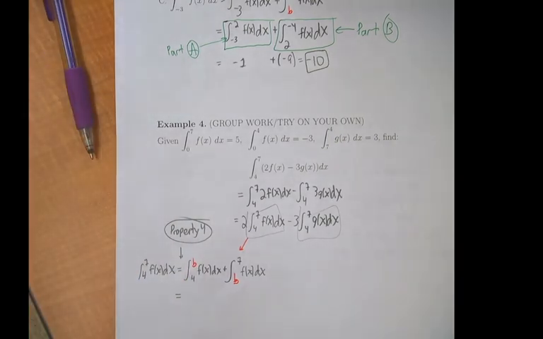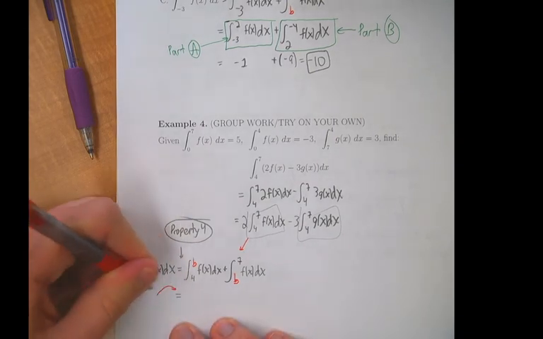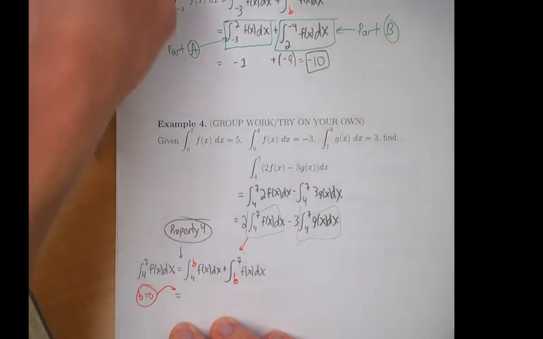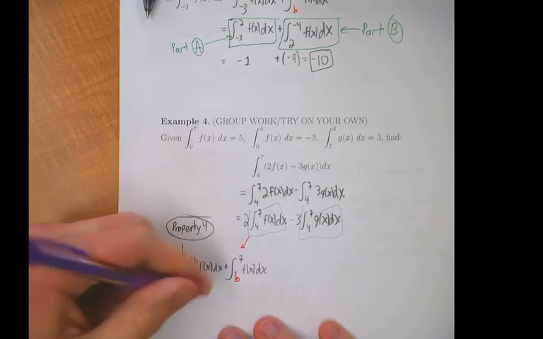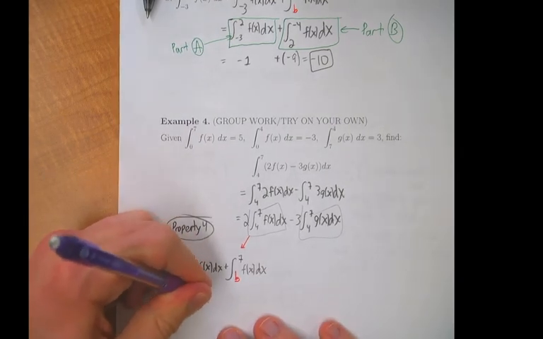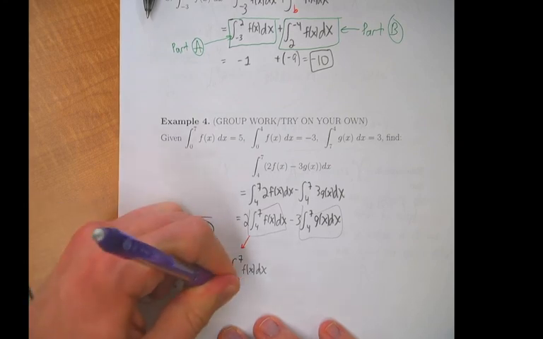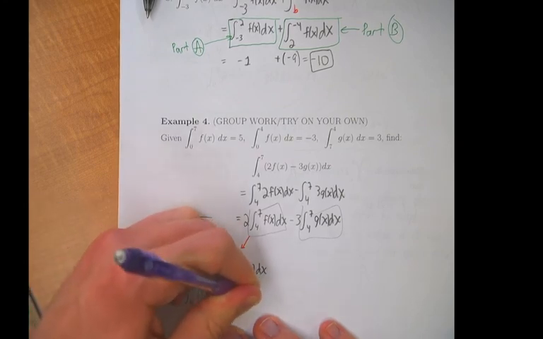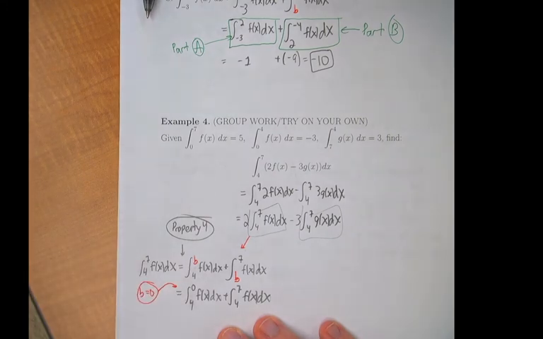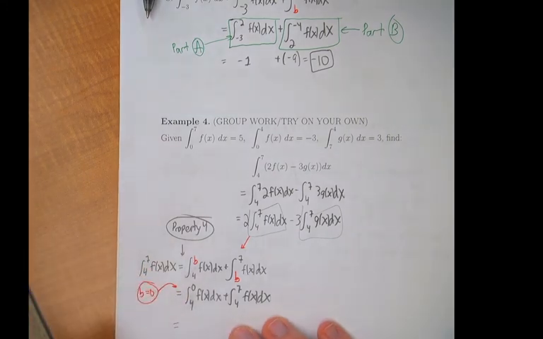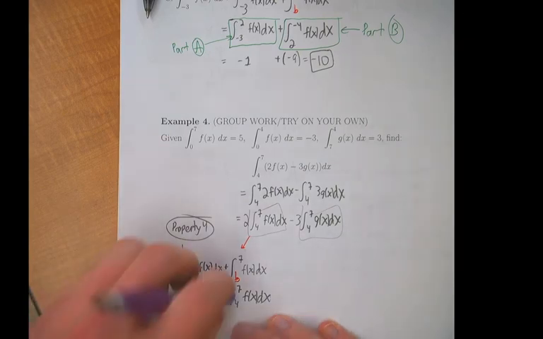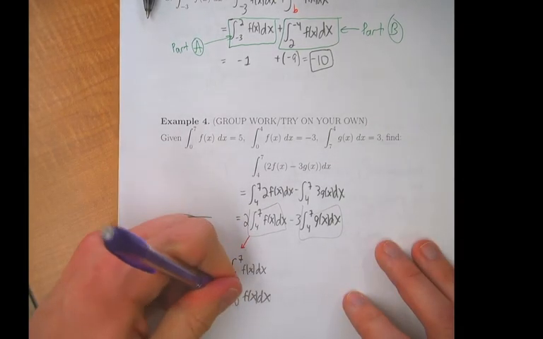Zero. So we have the integral from 4 to 0 of f of x dx plus the integral from 0 to 7 of f of x dx. Sorry, 0, my bad.